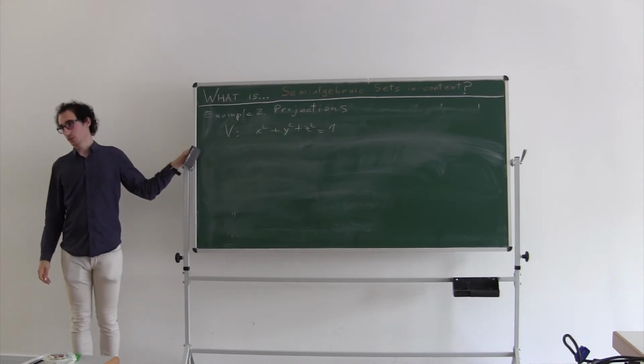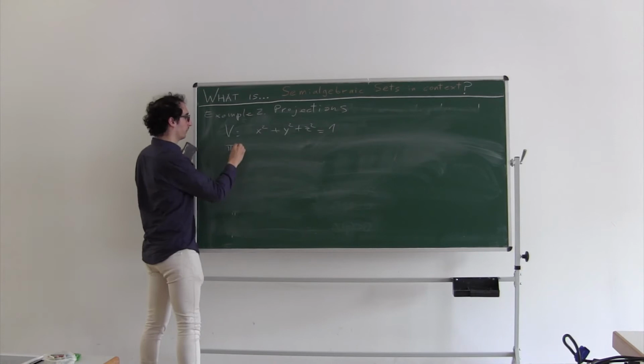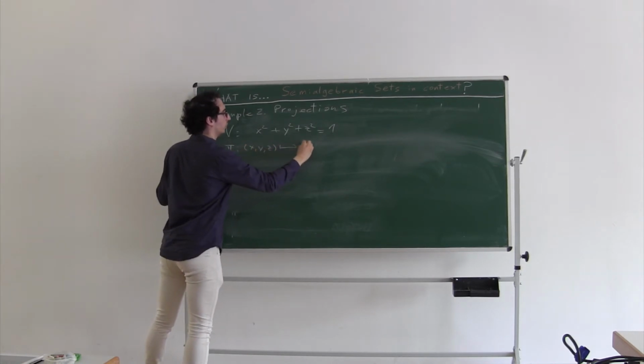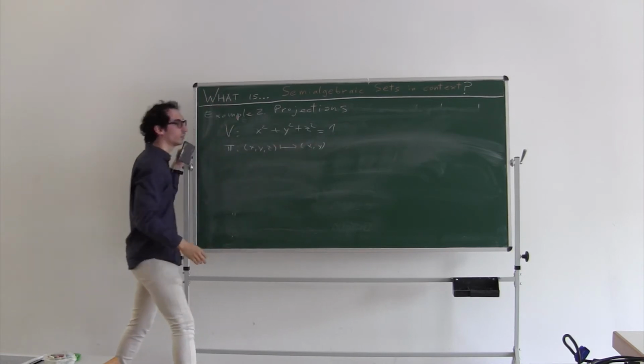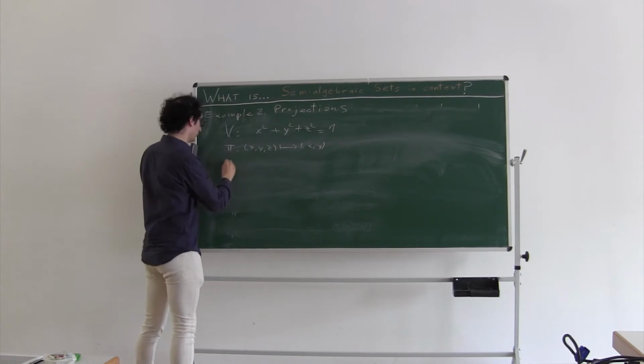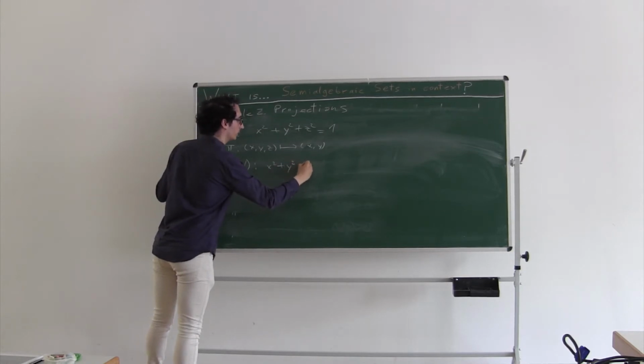This is a sphere, everybody knows this. Then one takes π, which sends (x, y, z) to (x, y). This is the coordinate projection onto the first two coordinates. And then when one looks at the projection, suddenly we get this inequality.